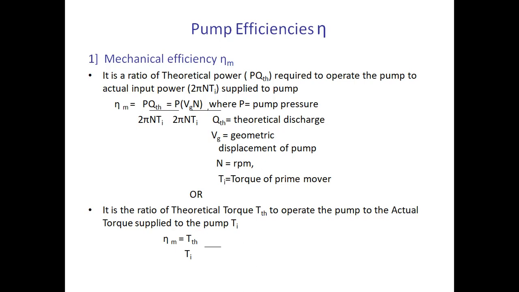Theoretical discharge is also calculated by geometrical displacement of the pump into speed, or RPM. So the final formula for calculating mechanical efficiency equals P Vg N upon 2 pi N Ti.